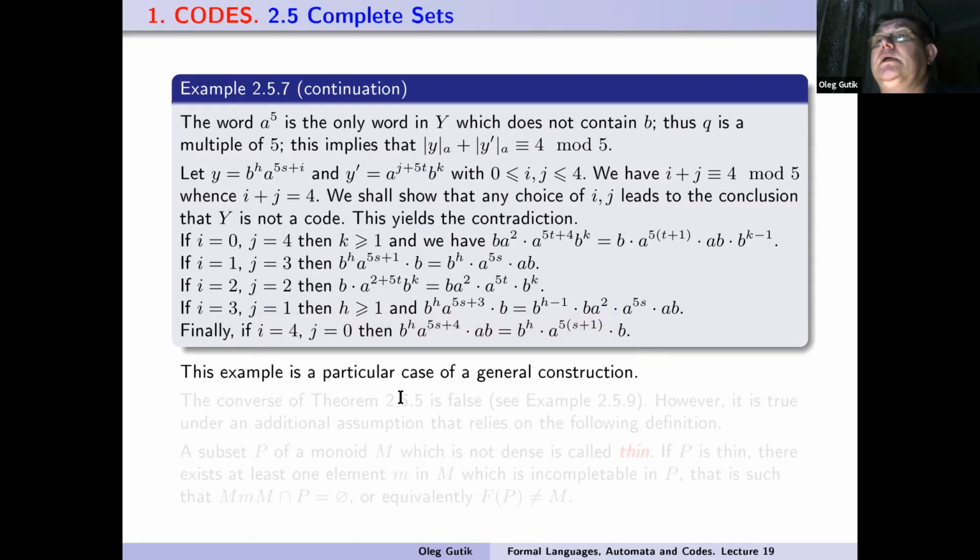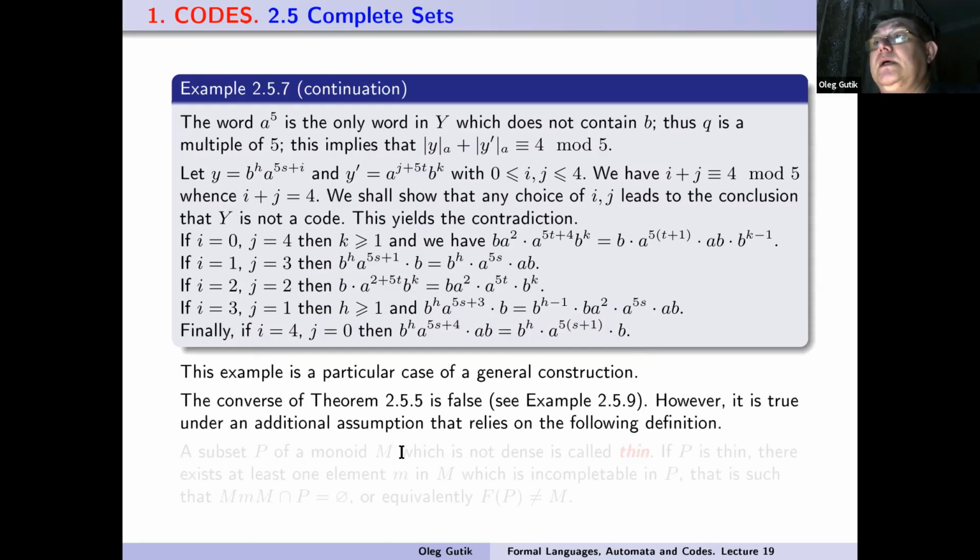This example is a particular case of a general construction. The converse of theorem 2.5.5 is false. We show this in the example 2.5.8. However, it is true under the additional assumption that relies on the following definition. A subset P capital of a monoid M capital which is not dense is called thin.